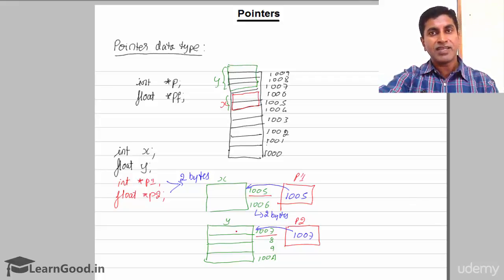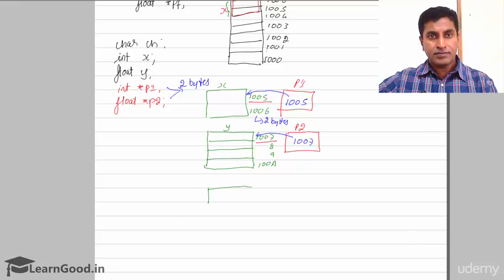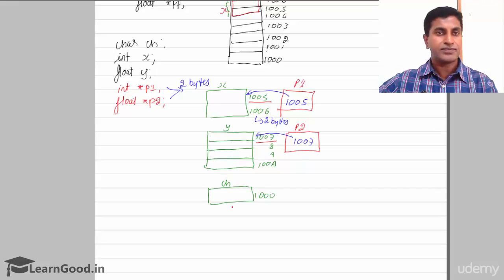Even the same thing in case of character. So if I declare here a character variable by giving here char ch, okay, so this ch is going to occupy 1 byte. So character variable will occupy 1 byte. So let's take here the ch is occupying a location at 1000.